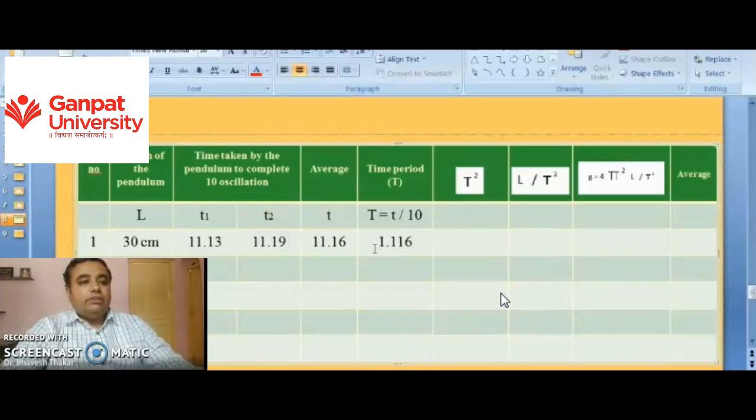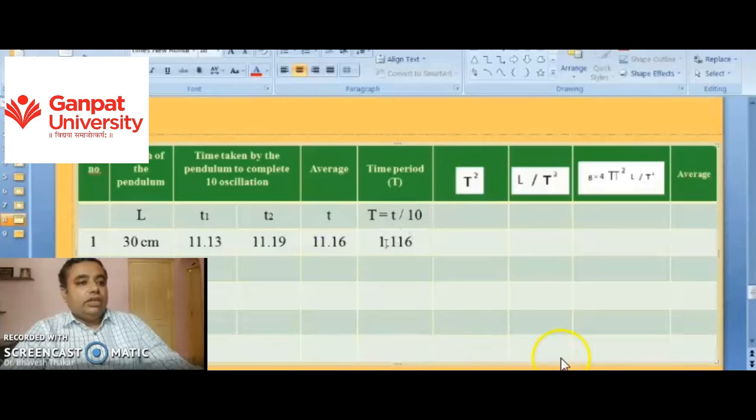You can check it by yourself. If you divide this term by 10, this will be 1.116. So 1.116 second is the time period of the oscillator. Now T square.